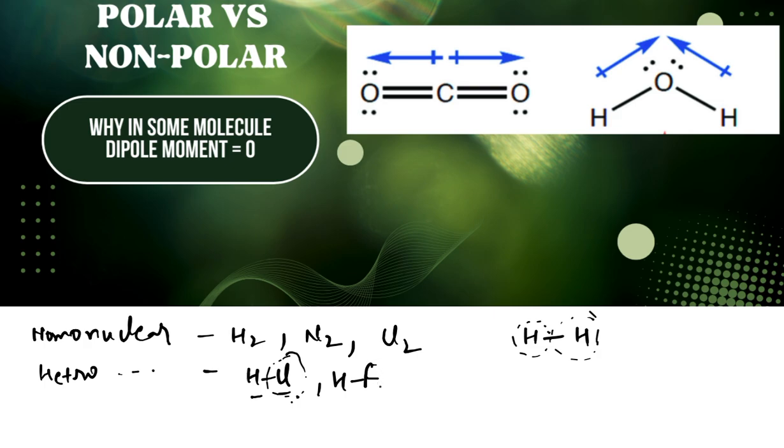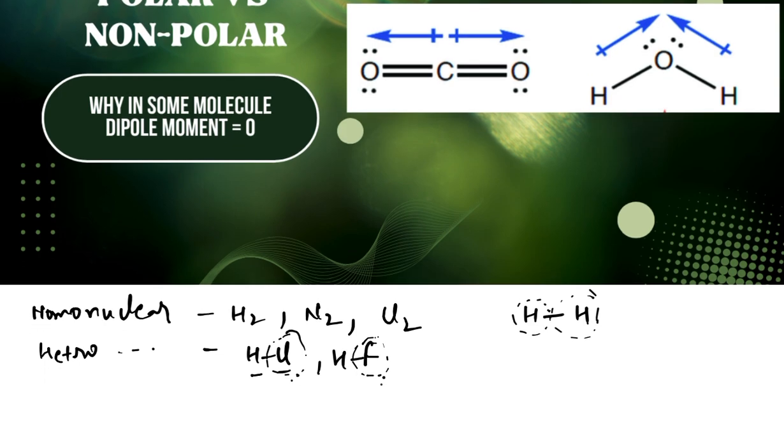In this particular case, whichever is more electronegative is going to pull the electron cloud more towards itself. Because of this, in HCl the more electronegative atom acquires a slightly negative charge, whereas the less electronegative atom acquires a slightly positive charge.